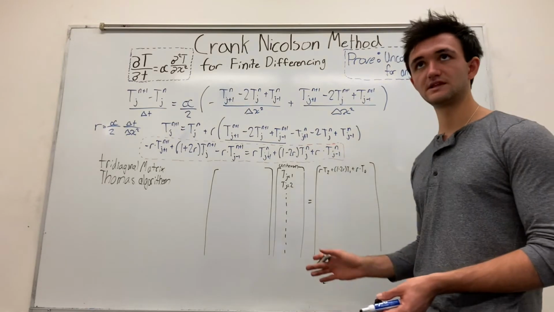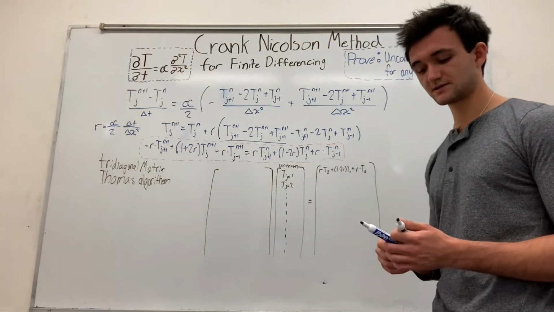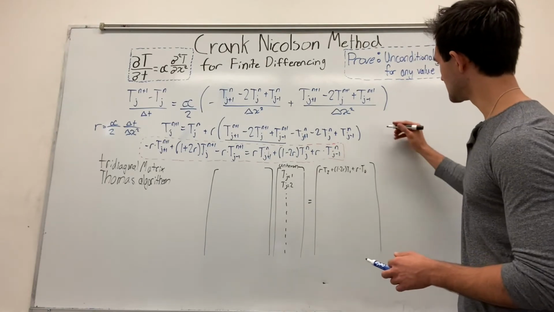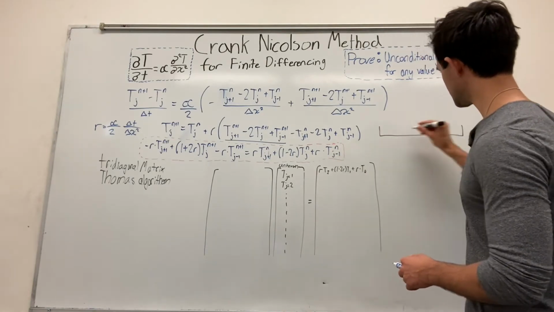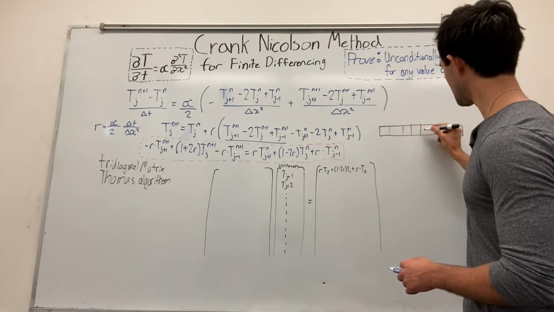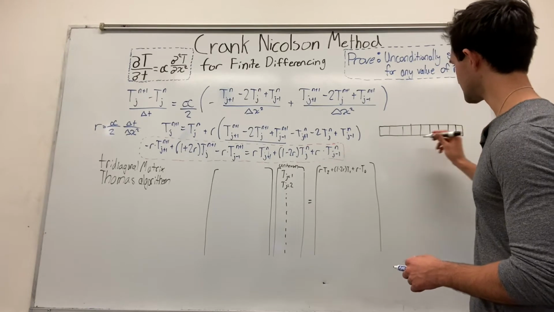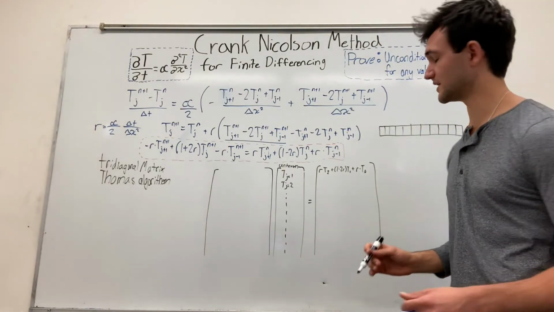plus r times your temperature of the block to the left. And I'm going to point out some special blocks, and those will be your T at position 0 and at position N. I'm going to be using Python syntax to reference the blocks, calling them an array basically.